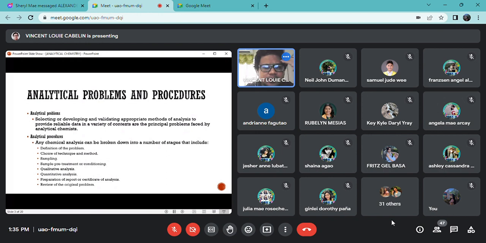So, these are sample or the types of techniques, no, that are used to analyze chemical or physicochemical processes in the laboratory. Okay? So you have here, okay, let's try to zoom it in.